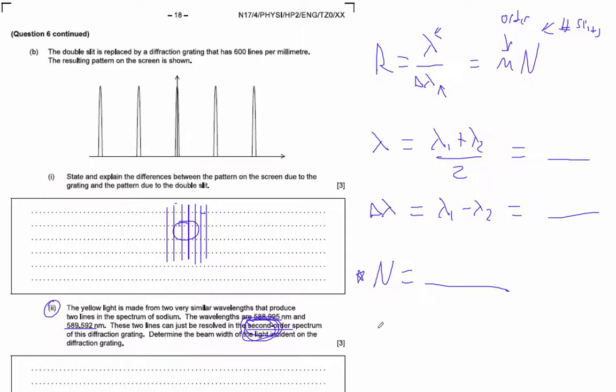N that you figured out is to 600, remember, it's 600 lines per millimeter, as x is to 1 millimeter. If it's 600 slits, then it's 1 millimeter. If it's 300 slits, it'll be half a millimeter. Solve for that. The answer is less than a millimeter, but more than half a millimeter, I'm just going to say. All right, happy hunting.